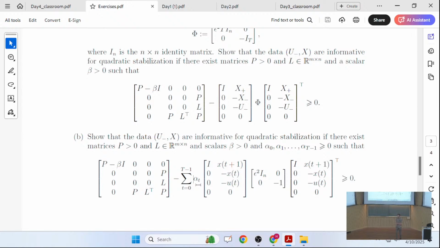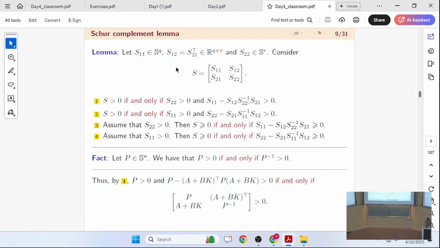Yeah, S is always assumed to be square. Yes. No, so in the case that these blocks are not square, then you cannot use this Schur complement idea.